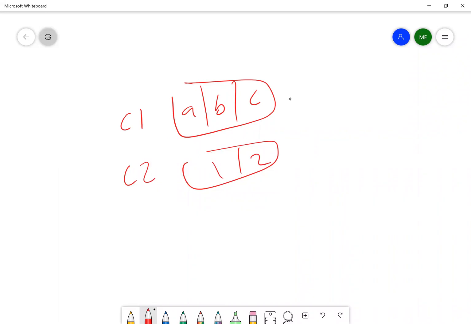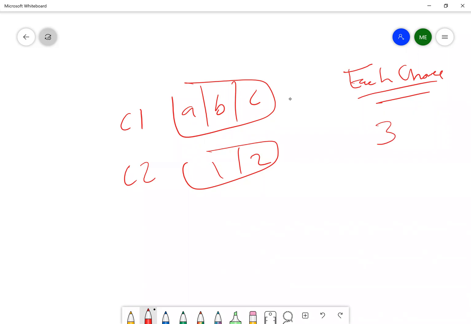How many test cases do I need to have in order to satisfy each choice? Can somebody tell me? Three. Okay, that's correct.